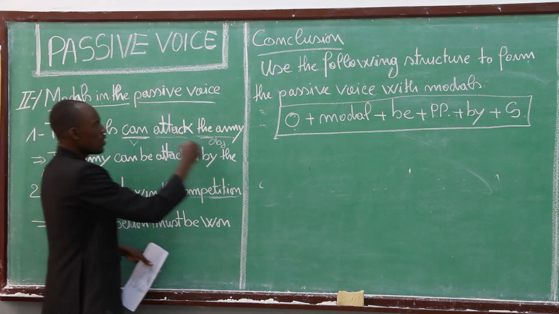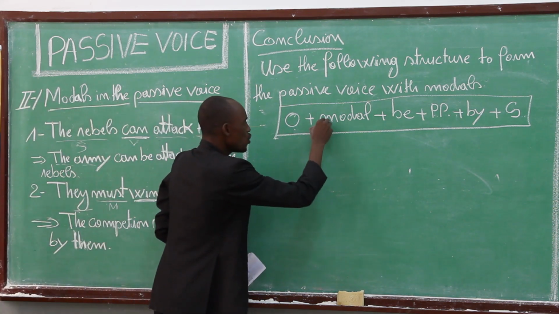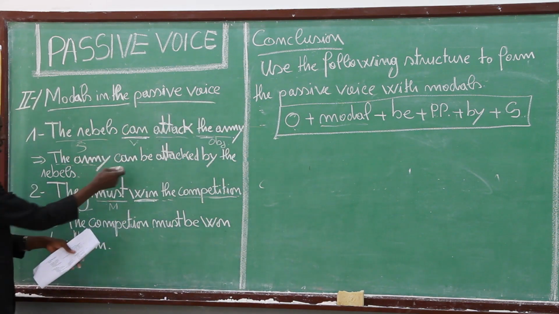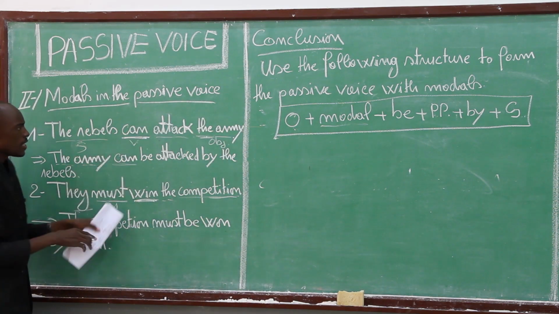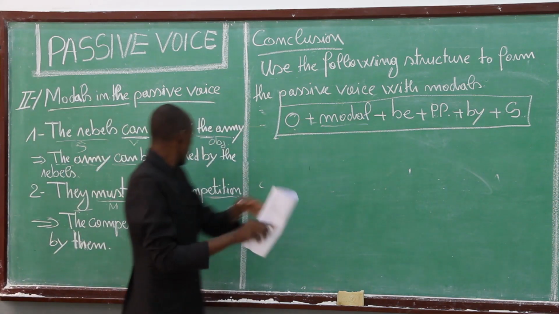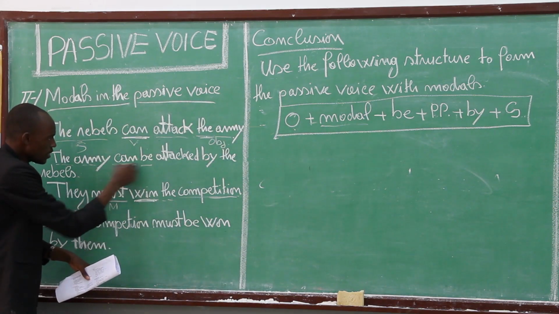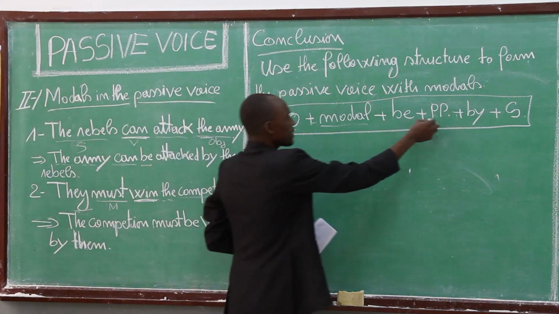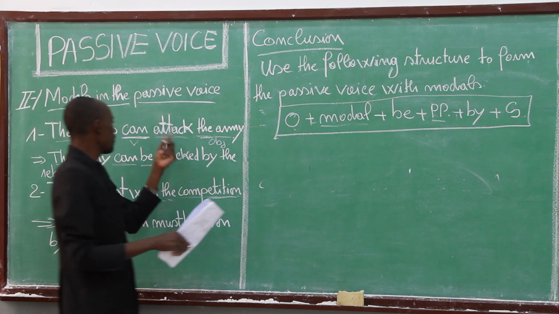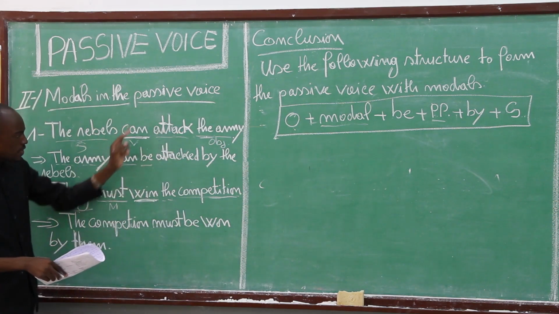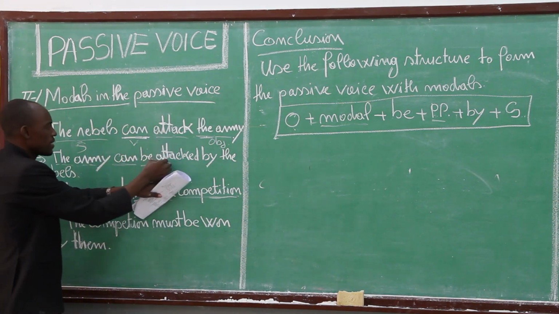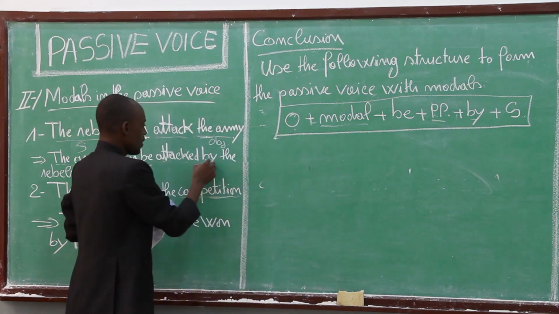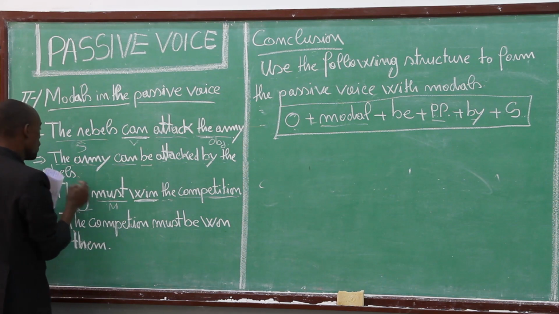After the object, we must use the modal, which in the sentence is can. After the modal, we have be, and after be, the past participle of the second verb, attacked. Then we have by, and at the end, the subject.